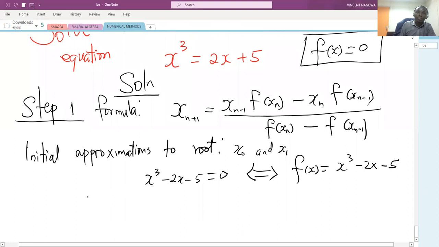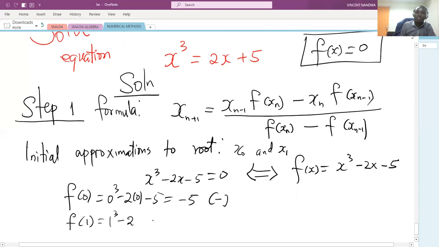So if we try putting in 0, we have 0 cubed minus 2 times 0 minus 5, so we get minus 5. This is a negative value. If we try 1, we have 1 cubed minus 2 times 1 minus 5. 1 minus 2 is minus 1, minus 5 gives us minus 6. This is still a negative value.